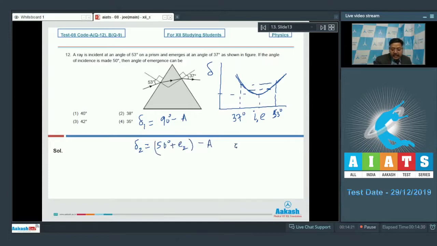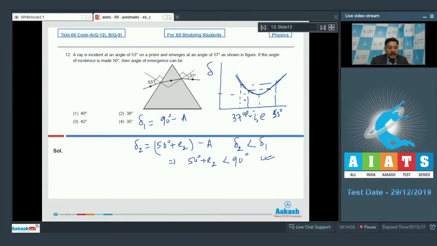But there are two things to be observed here. Delta 2 will clearly be less than delta 1, which actually means that 50 degrees plus E2 is less than 90 degrees. This condition has to be satisfied. And further, the angle E2 will be greater than 37 degrees.